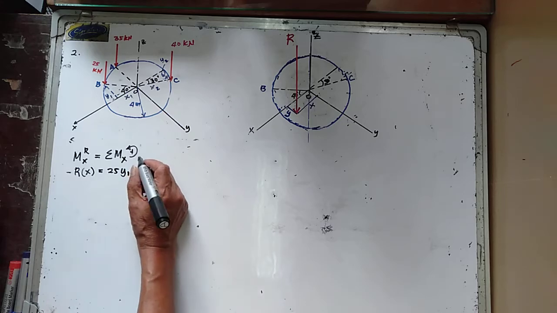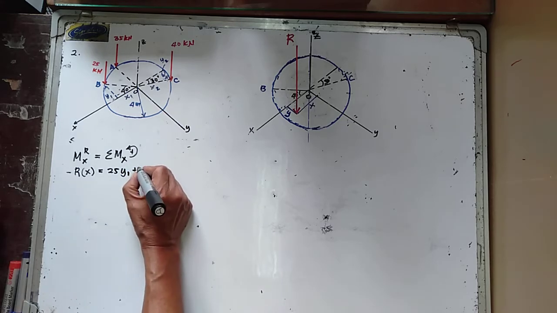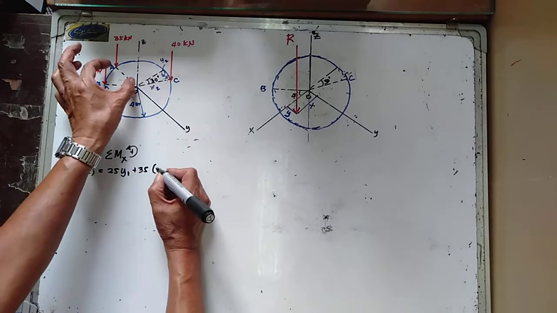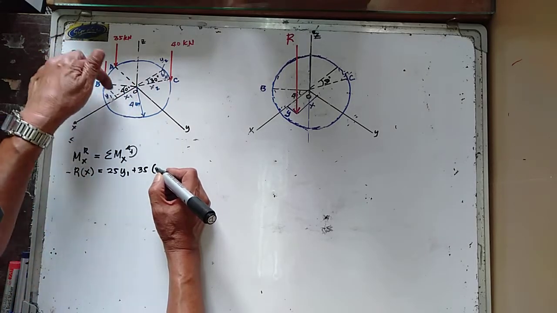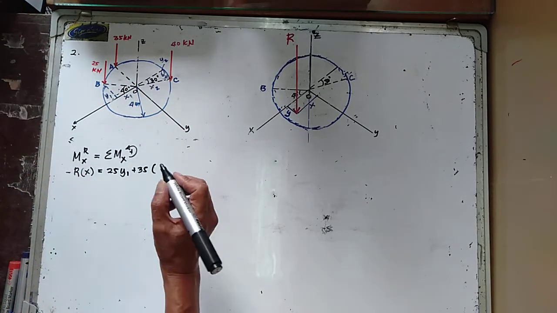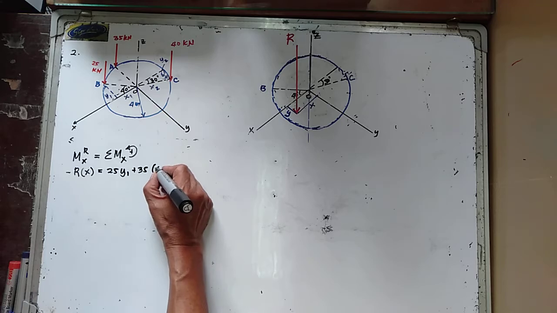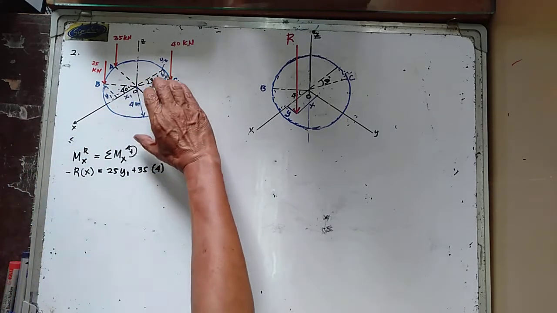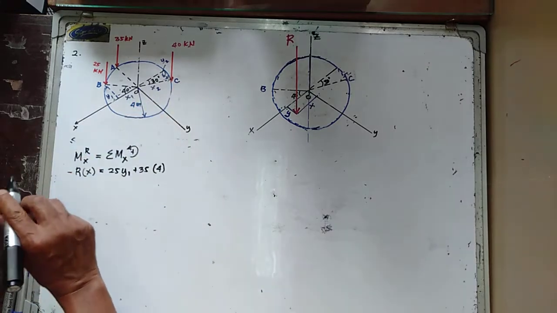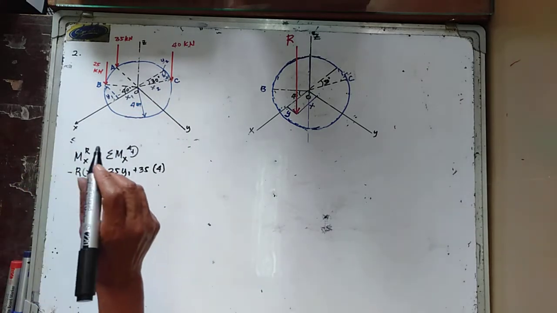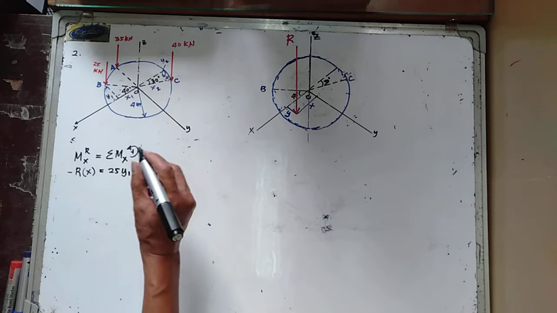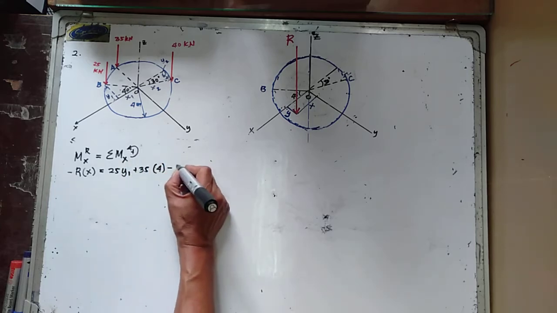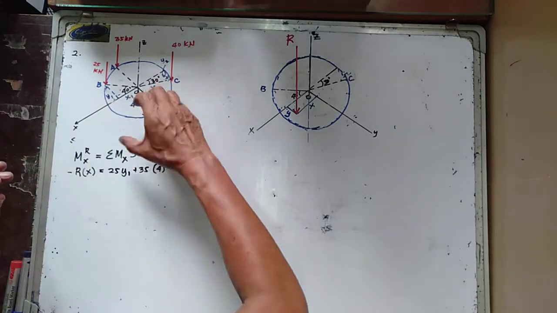Okay, so plus 35 multiplied by the moment arm about the x-axis. And that is equal to 4 meters, which is the radius of the plate. And then this one in here is going counterclockwise. So we have minus 40, clockwise.